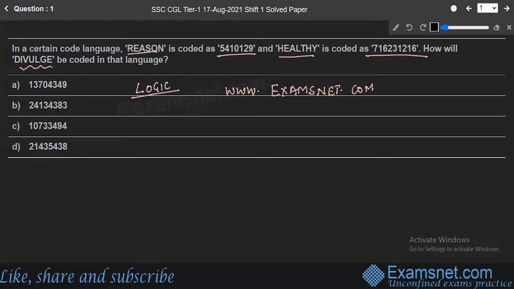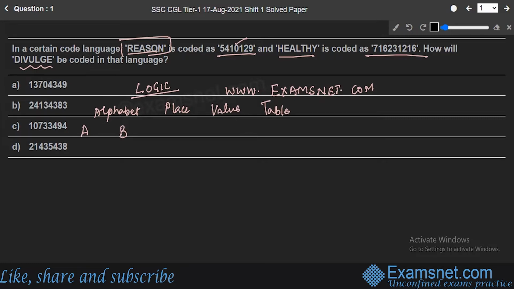This is the set of alphabets and there is a code for those alphabets given. So we will be using the alphabet place value table for this. Please do remember this table because whenever you have such questions with a code language and a set of alphabets with corresponding numbers, you will always make use of this table.